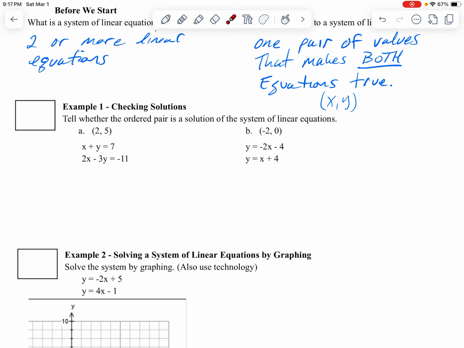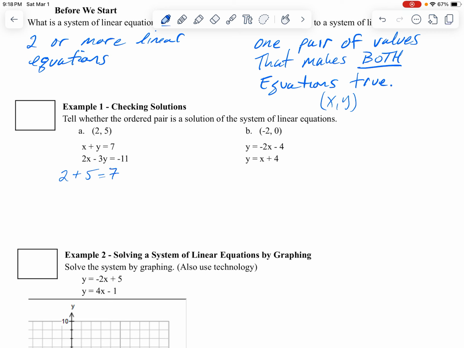What we need to do is plug in that x and y value and then see if it makes our equation true. So for example, this is x plus y equals 7. Our x value is 2, our y value is 5. So if we plug that in, that just means instead of x, I'm going to write 2. Instead of y, I'm going to write 5.